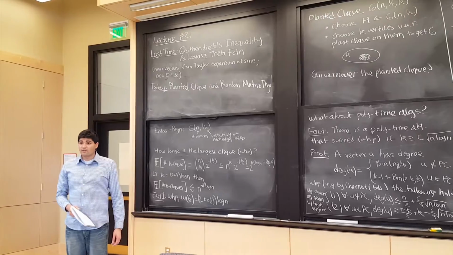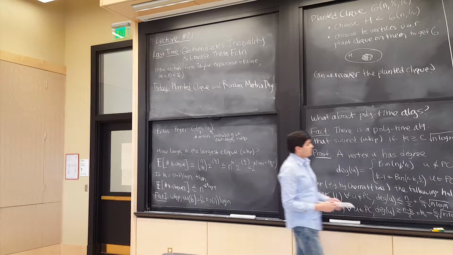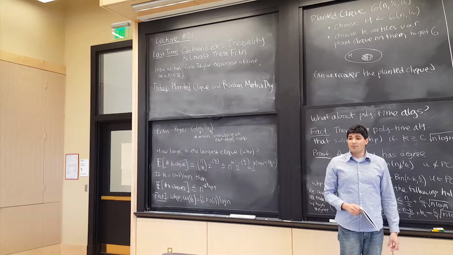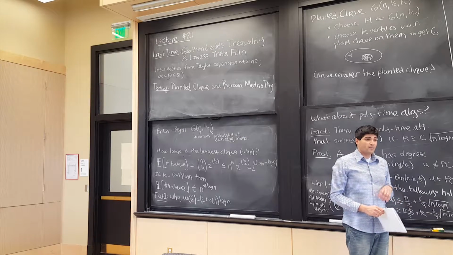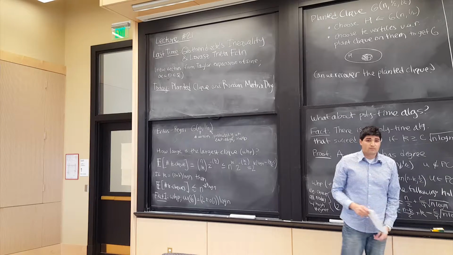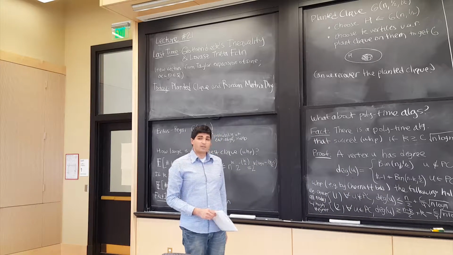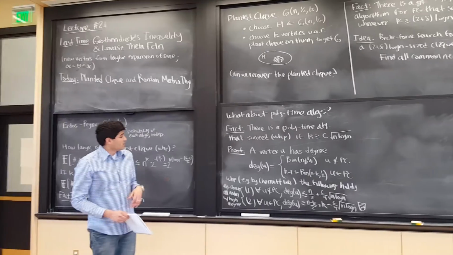Now, the main content of today's lecture is that we're going to work a little bit harder to actually remove this log n, and that's actually the limit of what people know. For this basic problem, the only thing that people know how to find in polynomial time are root n size planted cliques, and it's a major open question in average case complexity whether there's anything that beats the root n bound.